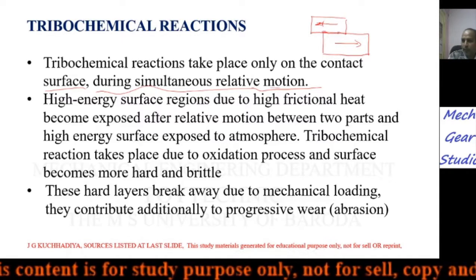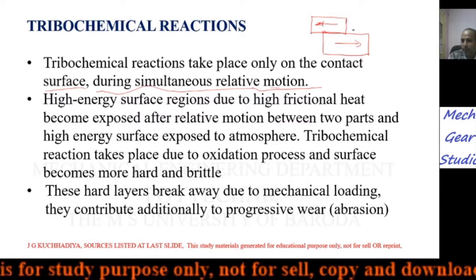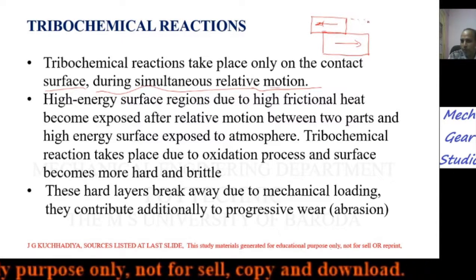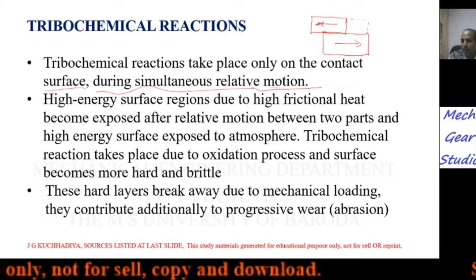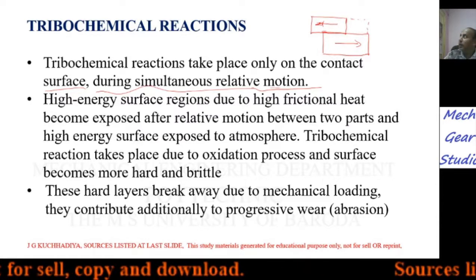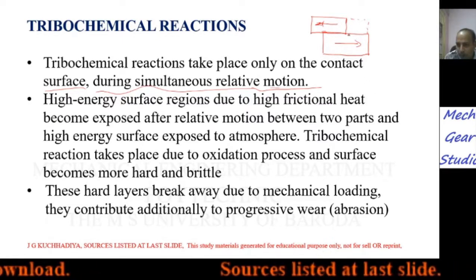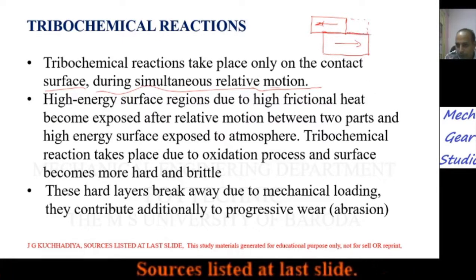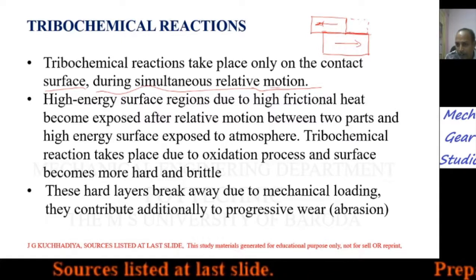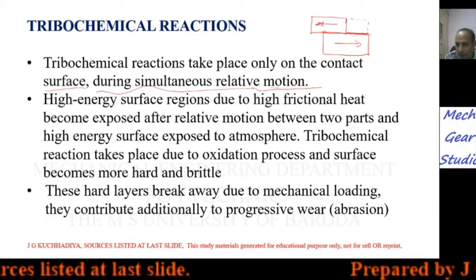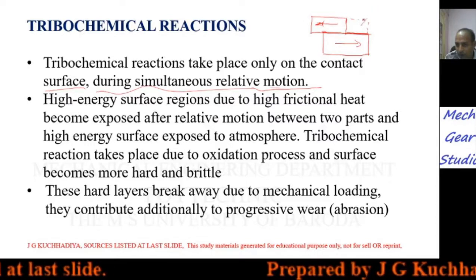So this is the contact area, but after removal of this object, the original position was here, and this surface is exposed to the atmosphere. After heating due to friction, this surface is heated and exposed to the atmosphere.